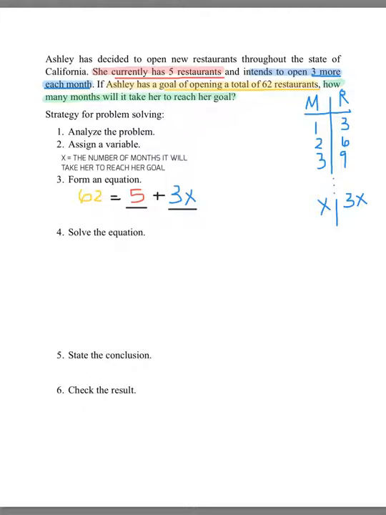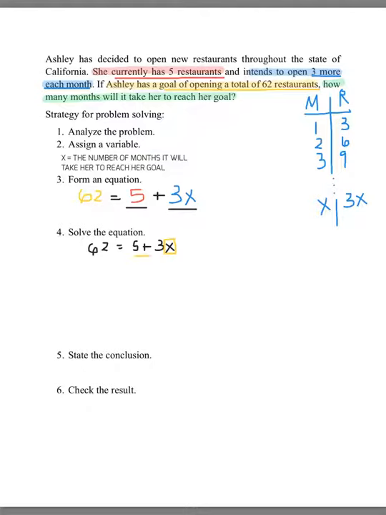So let us go ahead and solve our equation. We'll start off with the original equation, which is going to be 62 is equal to 5 plus 3x. So we want to get the x variable by itself, and we want to eliminate the plus 5 first.